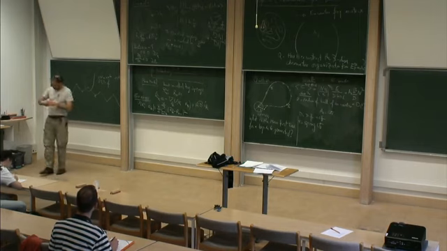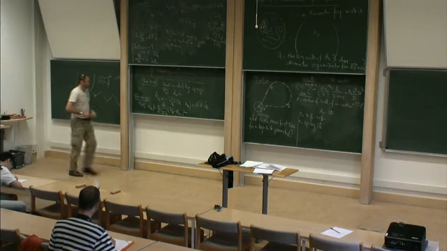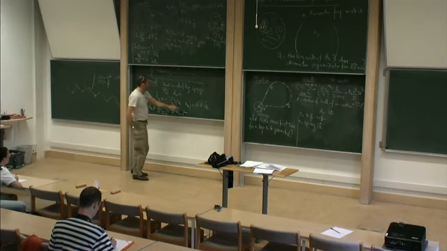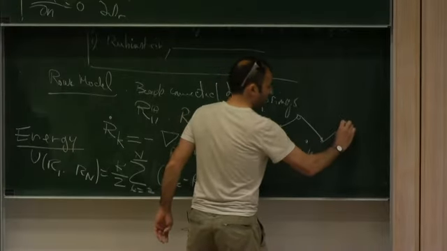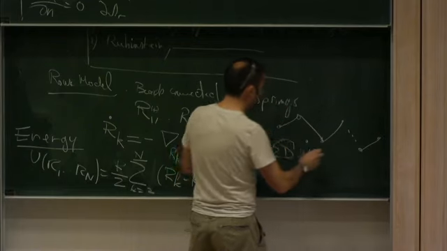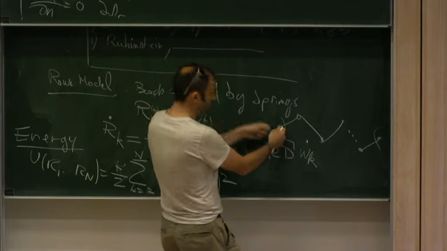All right, so for example, if you look at the monomer, let's ignore the two end ones, because they don't have another neighbor to connect to.